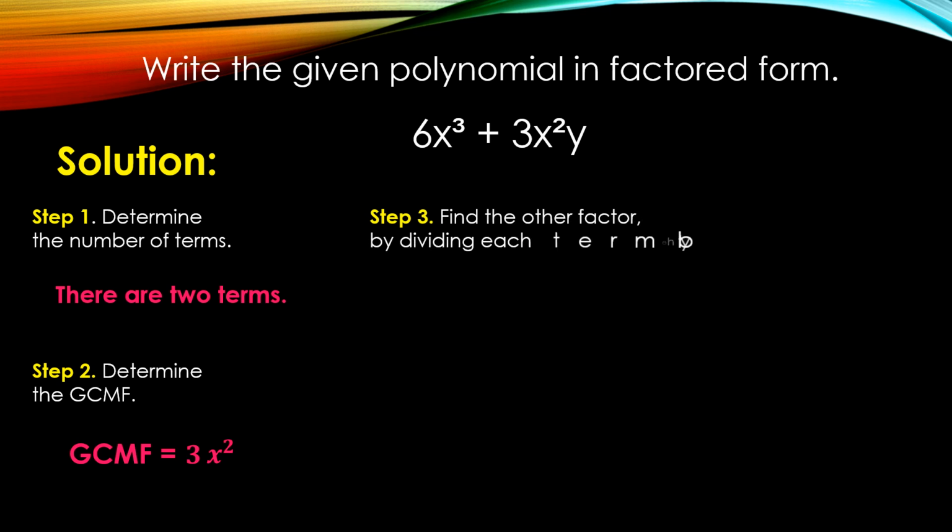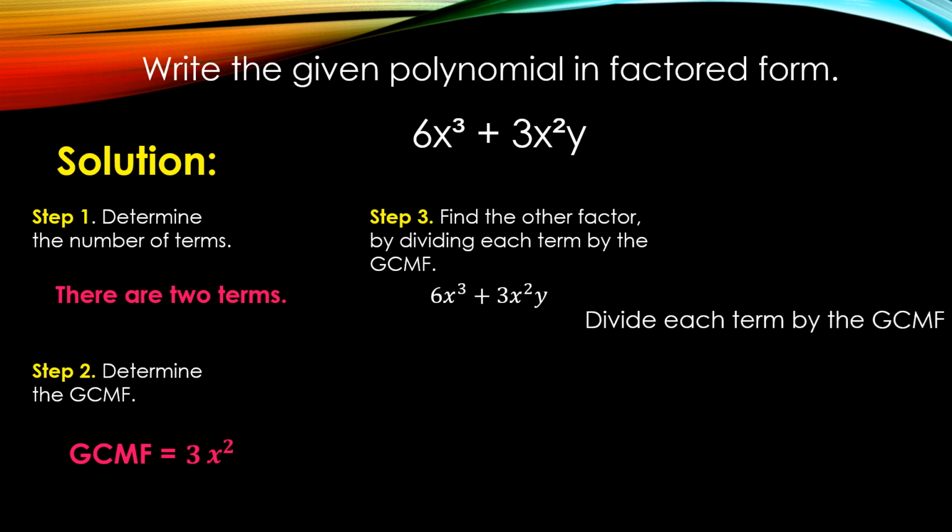Step 3. Find the other factor by dividing each term by the GCMF. Given the polynomial 6x cubed plus 3x squared y, divide each term by the GCMF. First, 6x cubed divided by 3x squared plus 3x squared y divided by 3x squared.